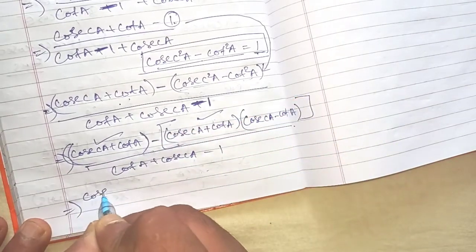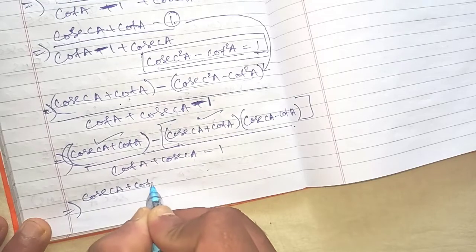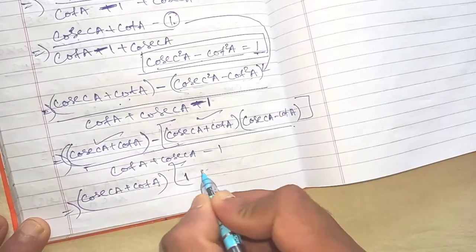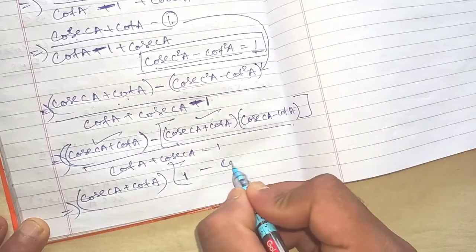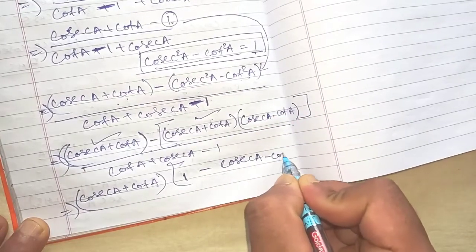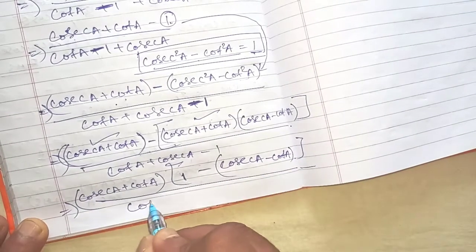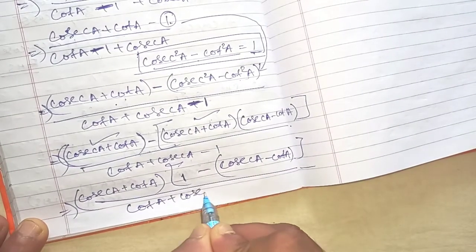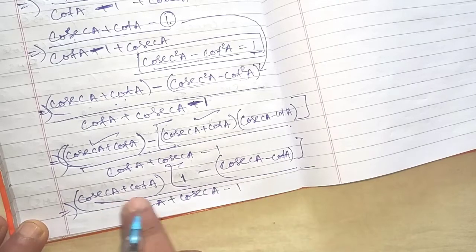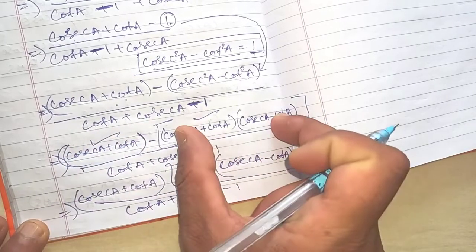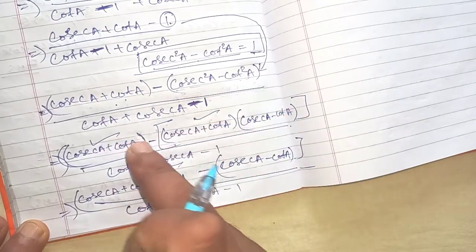So I am writing cosec a plus cot a outside. Here it will be 1 minus, here it will be this much. Okay, because both are same, we have taken it out common. Are you getting? By cot a plus cosec a minus 1. This into 1 is this much we will get, minus this into this we will get both. So I have taken out these two common.